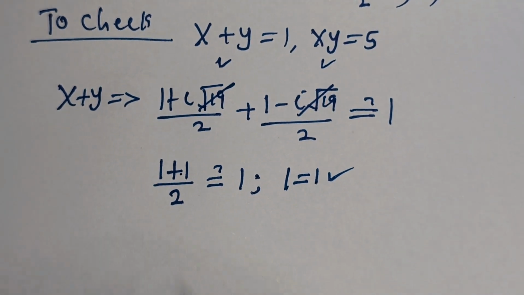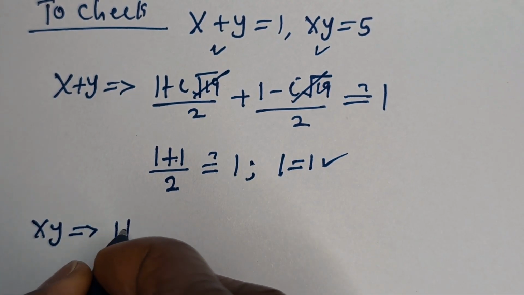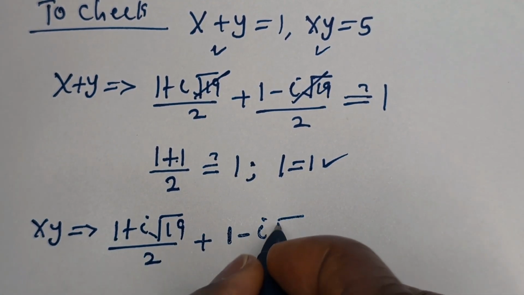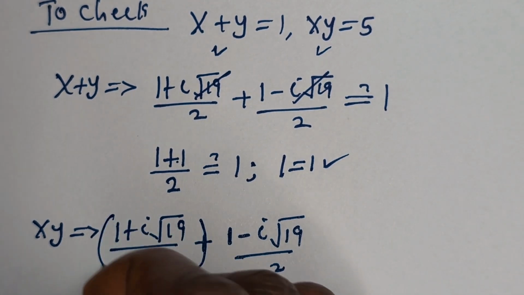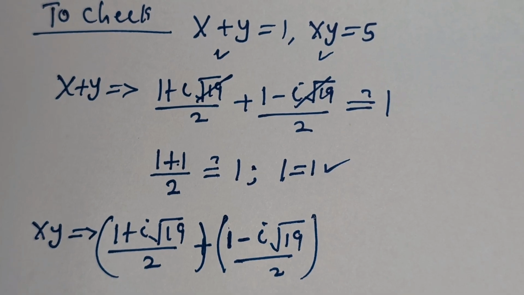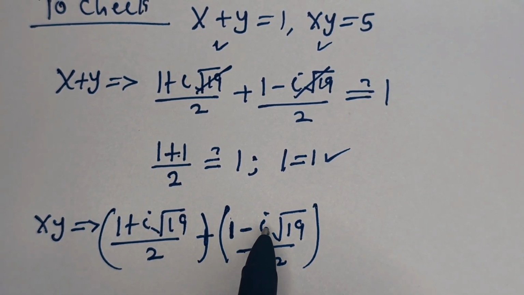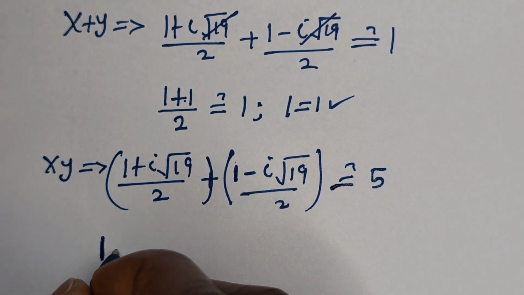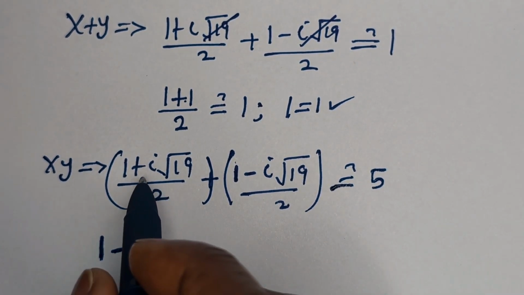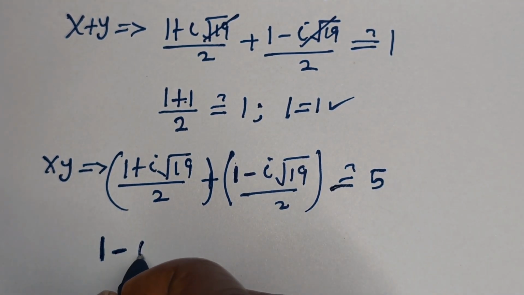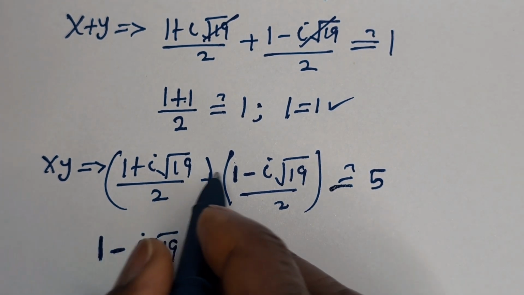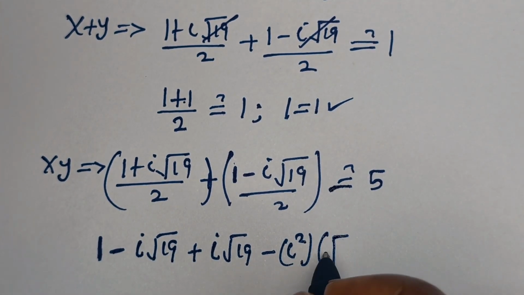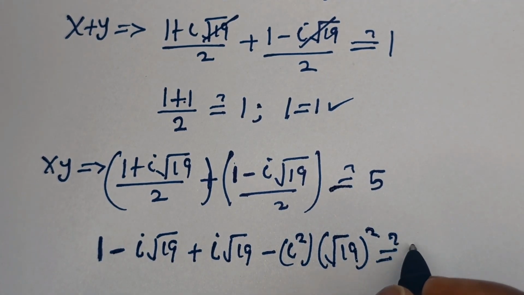Now let us consider sy, this is 1 plus i root 19 over 2 multiplied by 1 minus i root 19 over 2, must be equal to 5. 1 times 1 is 1, minus 1 multiplied by i root 19 is i root 19, plus here i root 19, minus i squared multiplied by root 19 squared, must be equal to 5.